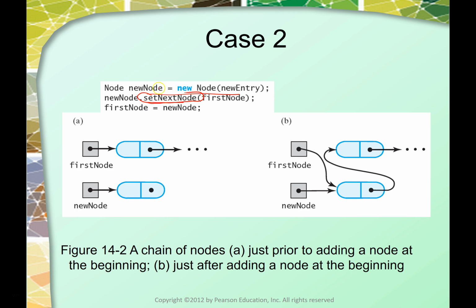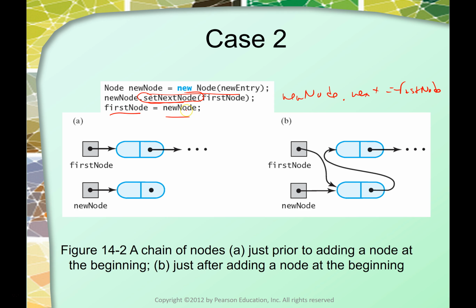These are now where the data fields are private. I'm not following this exact pattern because I think it's extra tedious to do that. So we would be able to say something like new node dot next equals first node. So you don't have to use that method.